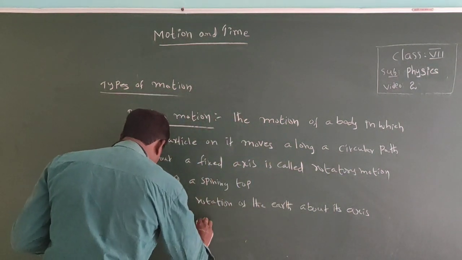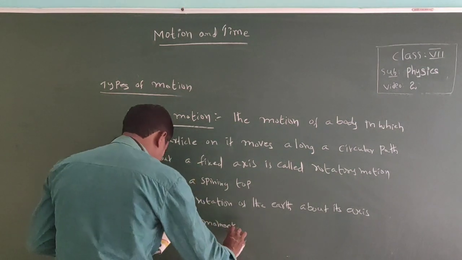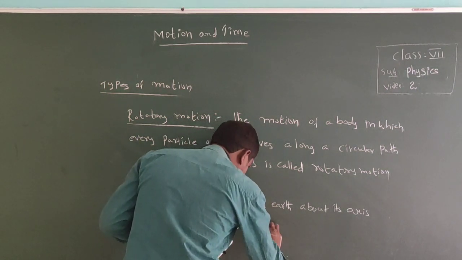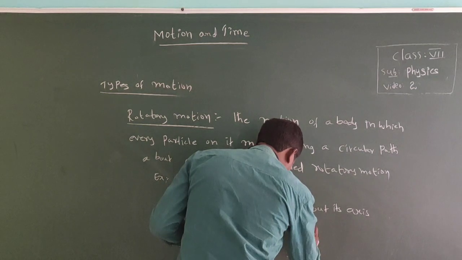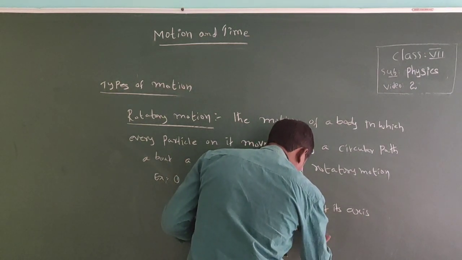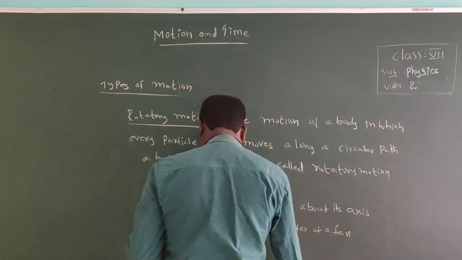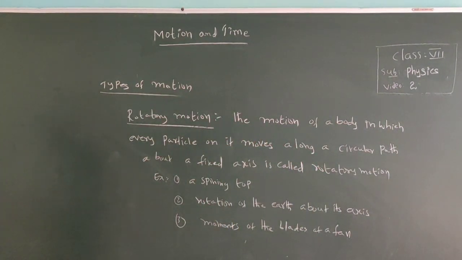Third one, movements of the blades of a fan. Next one. These are the examples for the rotatory motion.